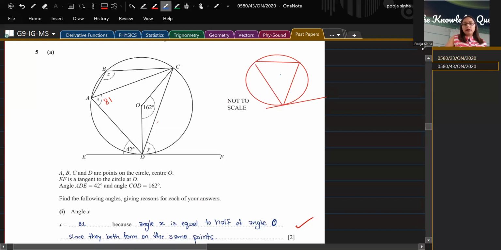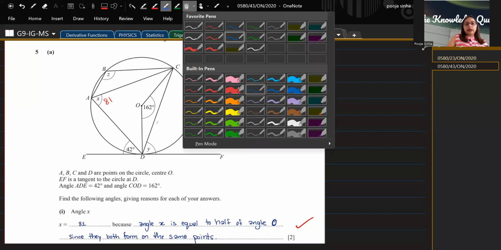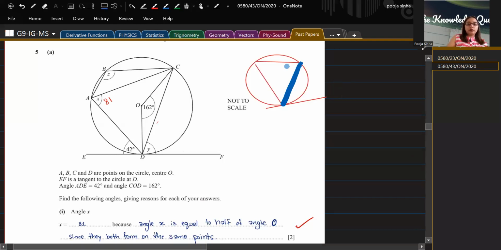So always remember that this chord which I'm highlighting here. I'm just highlighting this once. ये जो chord आप देख रहे हो ना, इस chord पे there are two angles being made. एक ये वाला और एक ये.